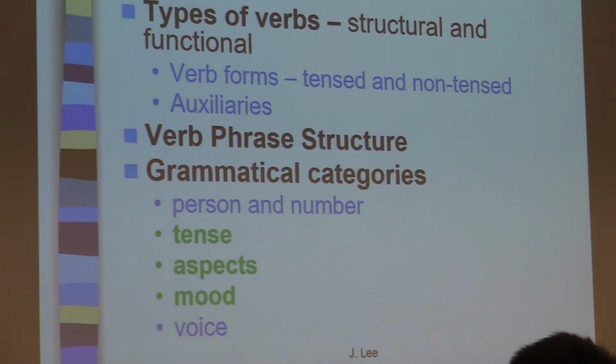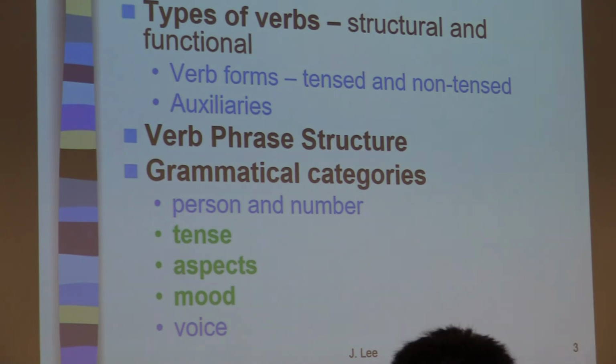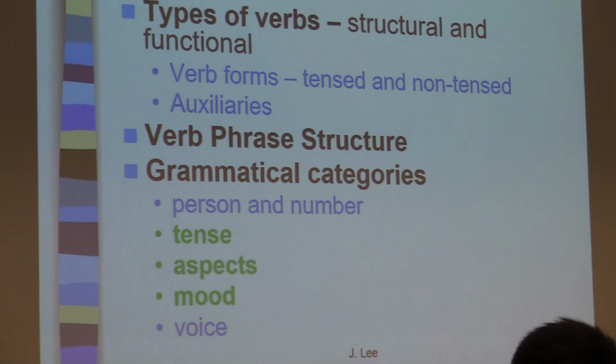Like the present tense, general present, and also third person singular present tense, and the past tense. So these 3. And non-tense verb forms: ing form, present participle, past participle, broken, infinitive. Yeah. So those are the non-tense verb forms.